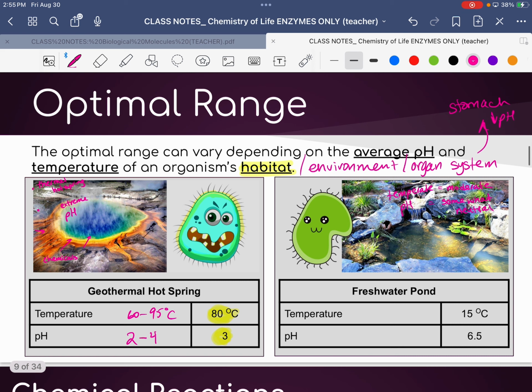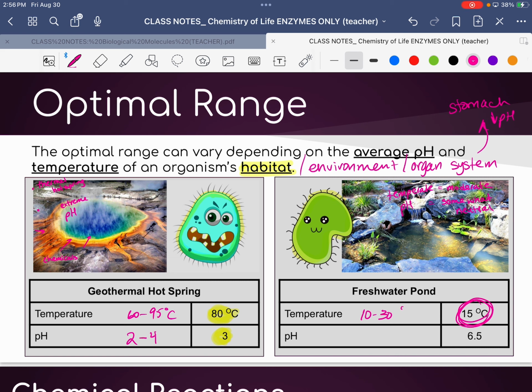Now, this organism over here that's living in these nice, fairly normal conditions, well, the proteins in this organism would have an optimal range where 15 degrees Celsius is probably within that range, right? So maybe the optimal range is 10 to, let's say, 30 degrees Celsius.